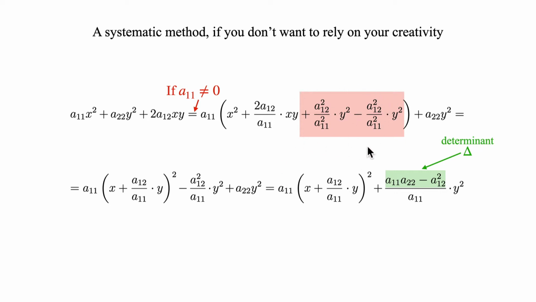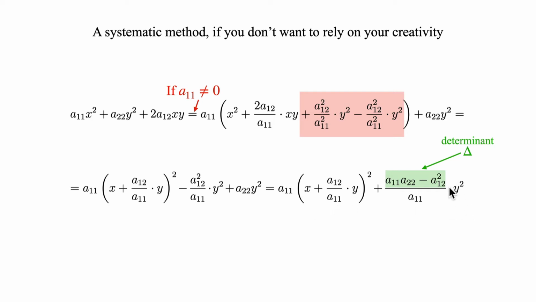You recognize this one as completing the square, adding a square and at once subtracting the same number, so it's a zero operation, and then you end up in a situation where you have some constant times a variable in square plus some other constant times the second variable. So you see, this is our variable s from the previous slide, and this is our variable t from the previous slide.